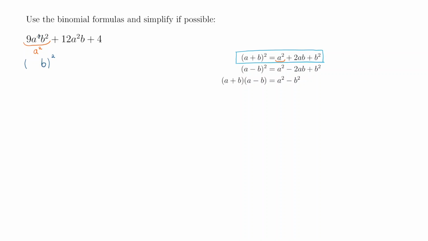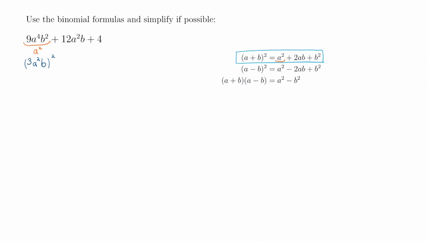Then we can think about a to the power of 4. What do we have to square to get a to the power of 4? Well, this is a to the power of 2, because a to the power of 2 times a to the power of 2 is a to the power of 4. And then this 9, what do we have to square to get 9? This is 3.